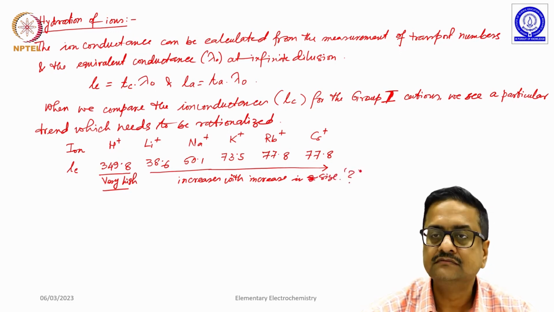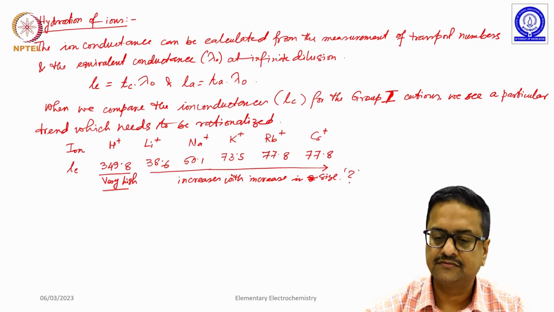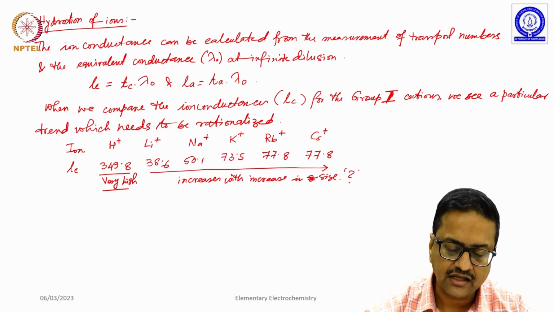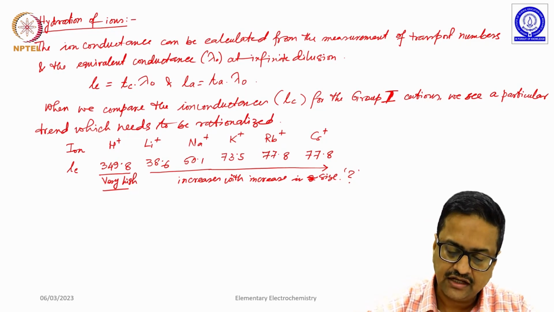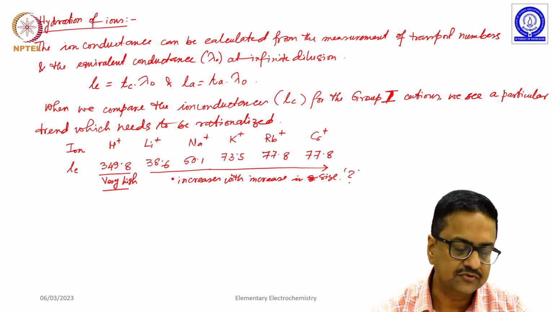Why does it happen? What is the reason behind this kind of observation that the hydrogen H plus ion has a very high ion conductivity compared to others, and then others slowly increase from lithium to sodium to potassium up to cesium?